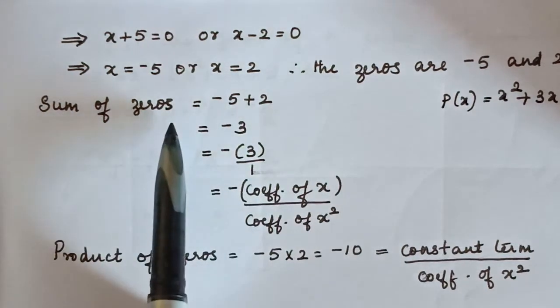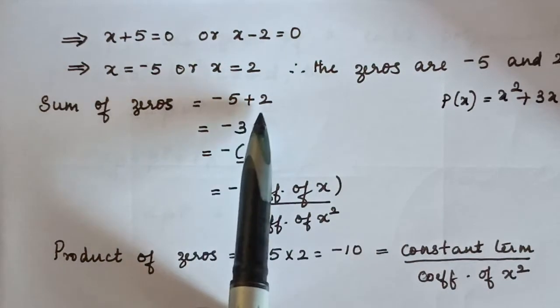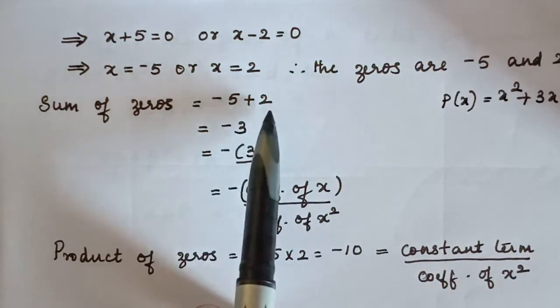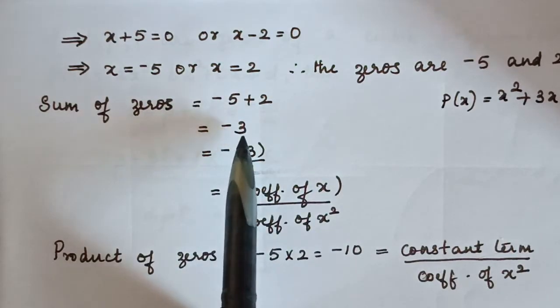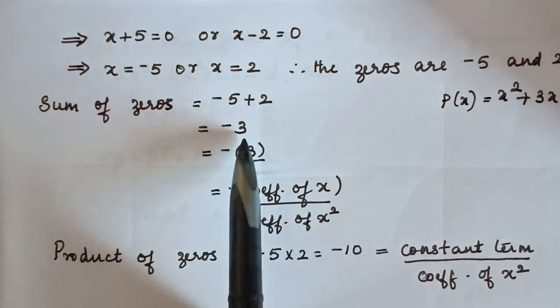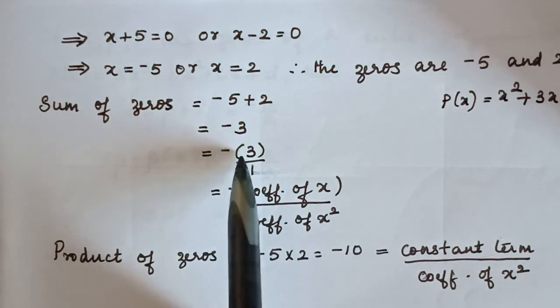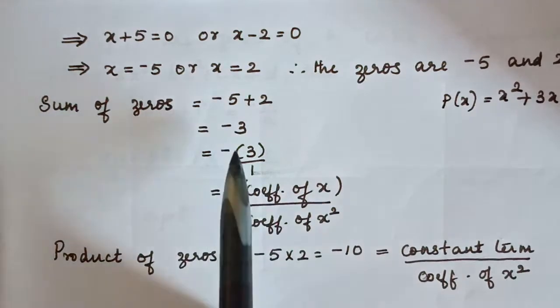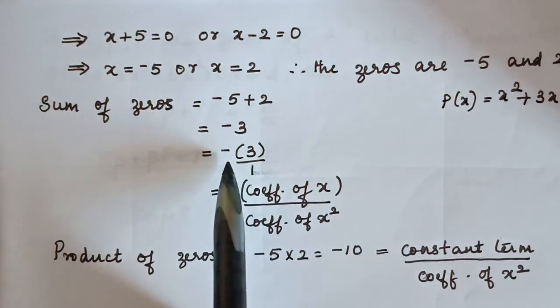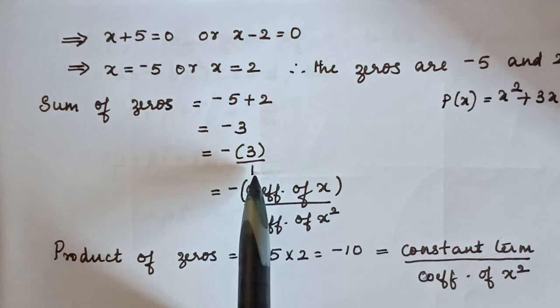Sum of the zeros means add up the zeros, that is minus 5 plus 2, which is equal to minus 3. Now this minus 3 we can write as minus of 3 by 1.